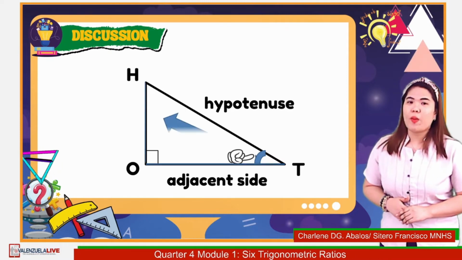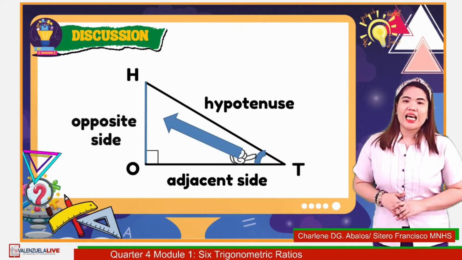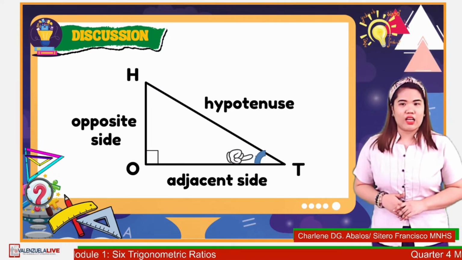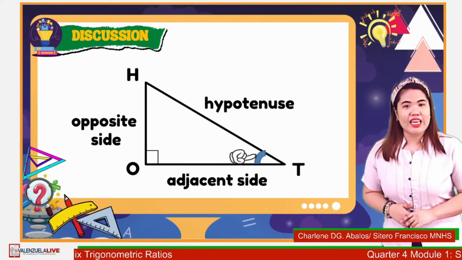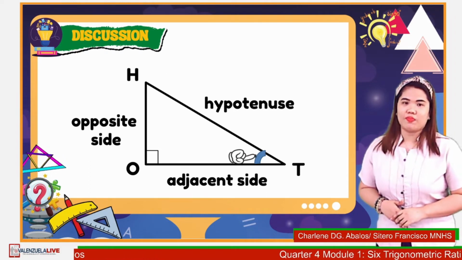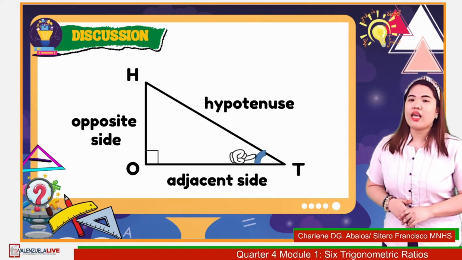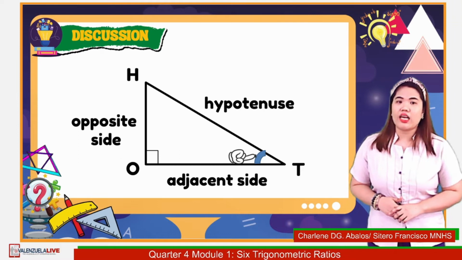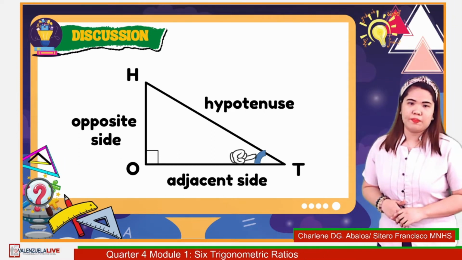Lastly, with respect to angle T also, the side across from the given angle is what we call the opposite side. So, segment HO is the opposite side of triangle HOT.